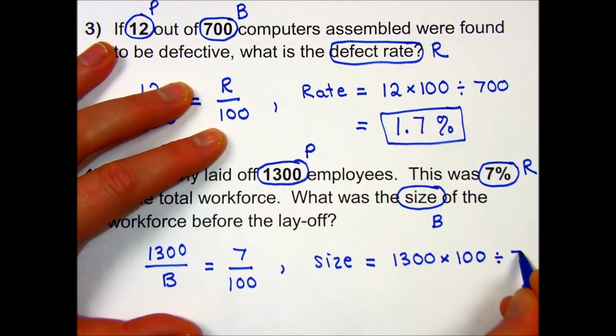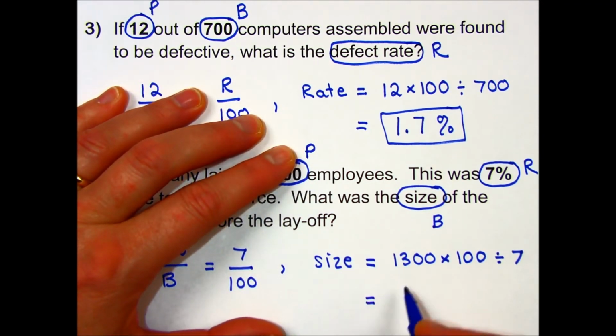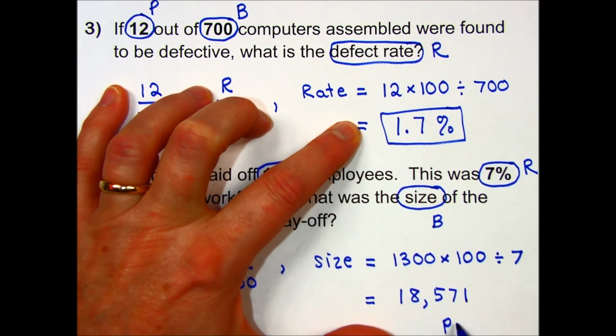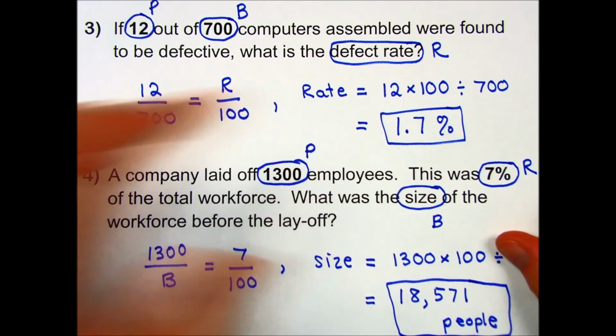Divide by 7. Put this on the calculator, and I round off to the nearest whole person, 18,571 people in the original workforce.